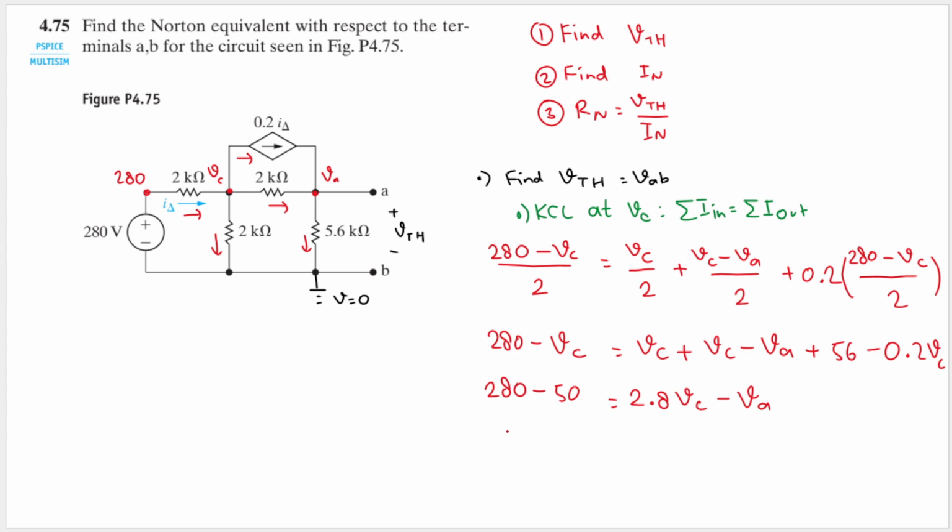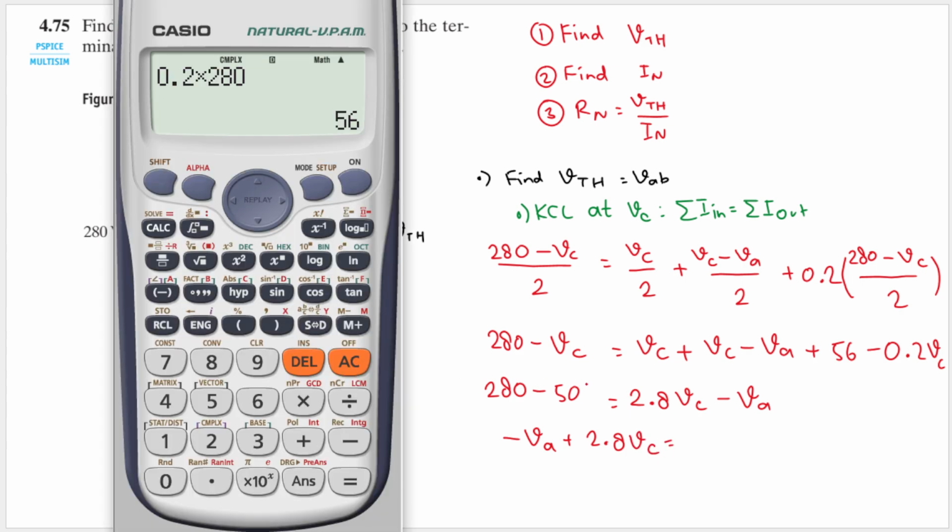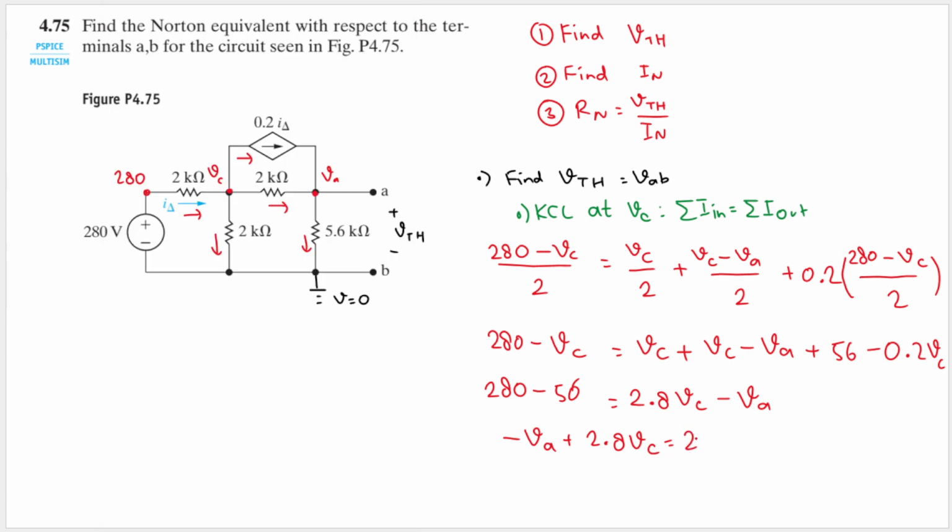Okay, let's simplify things. So we will have minus VA plus 2.8 VC, and that will equal to 280 minus 56, that will be 224. Good. Now let's save this as equation number 1 because we need two equations to solve this. Okay, let's clean up that and move on.